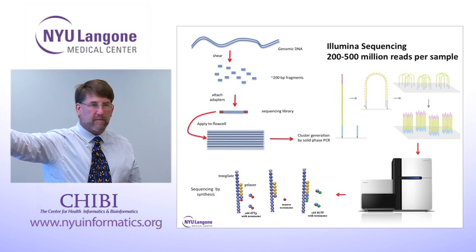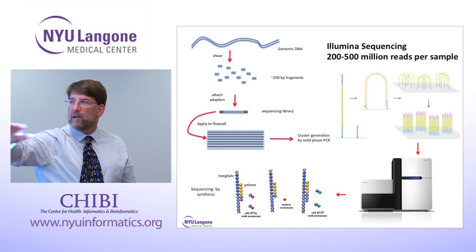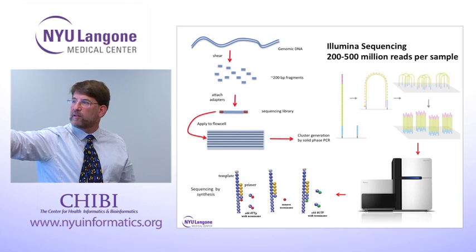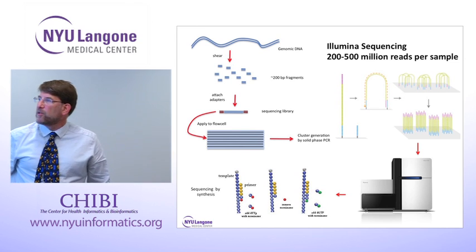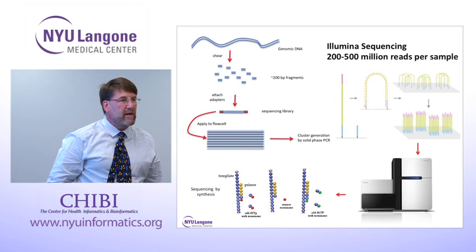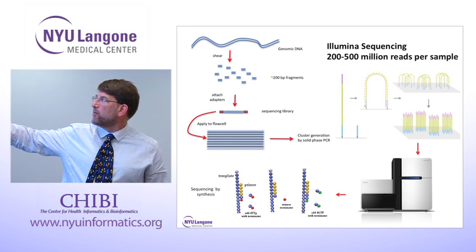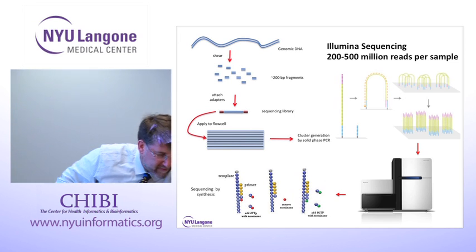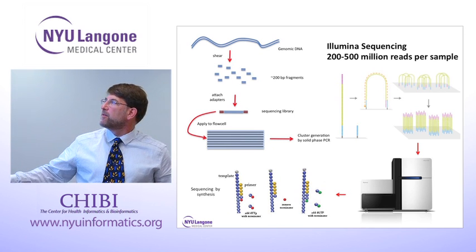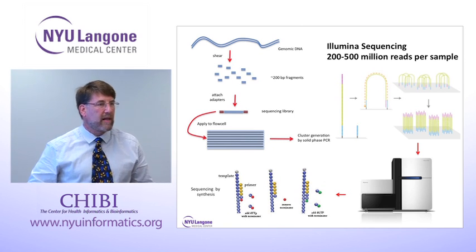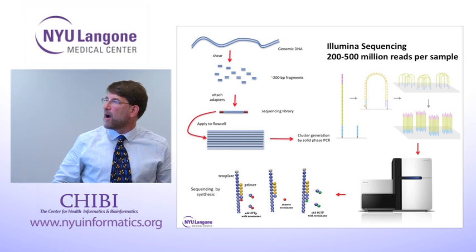You attach adapters that are specific for the Illumina system. You apply that to a flow cell where there's an amplification step, which is usually called cluster generation, where each individual molecule of template turns into a cluster of identical molecules by a series of in situ PCR.